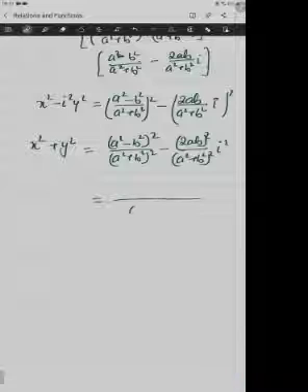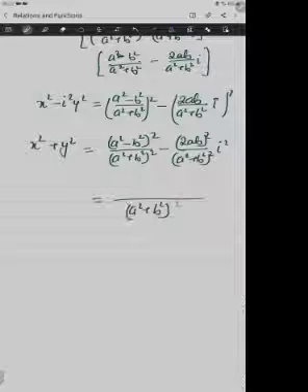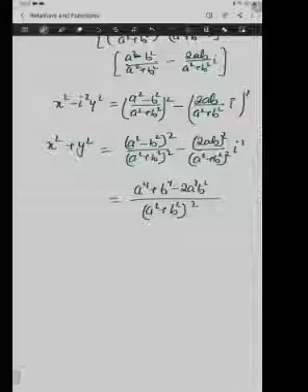Now I'm taking the LCM, a square plus b square to whole square: a4 plus b4 minus 2a square b square, whole square.